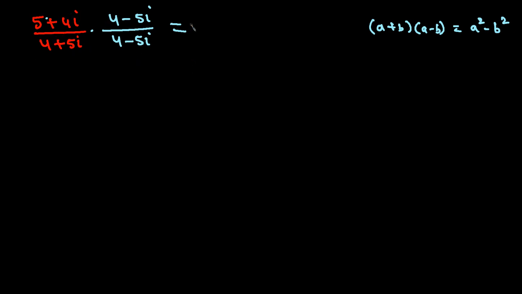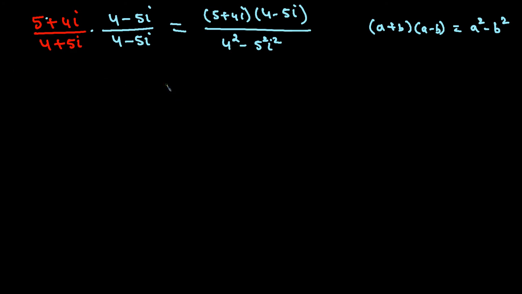Okay, so when we FOIL the numerator, let's write it. We got (5 plus 4i) into (4 minus 5i), over a plus b, a minus b, which gives me 4 square minus 5 square i square.